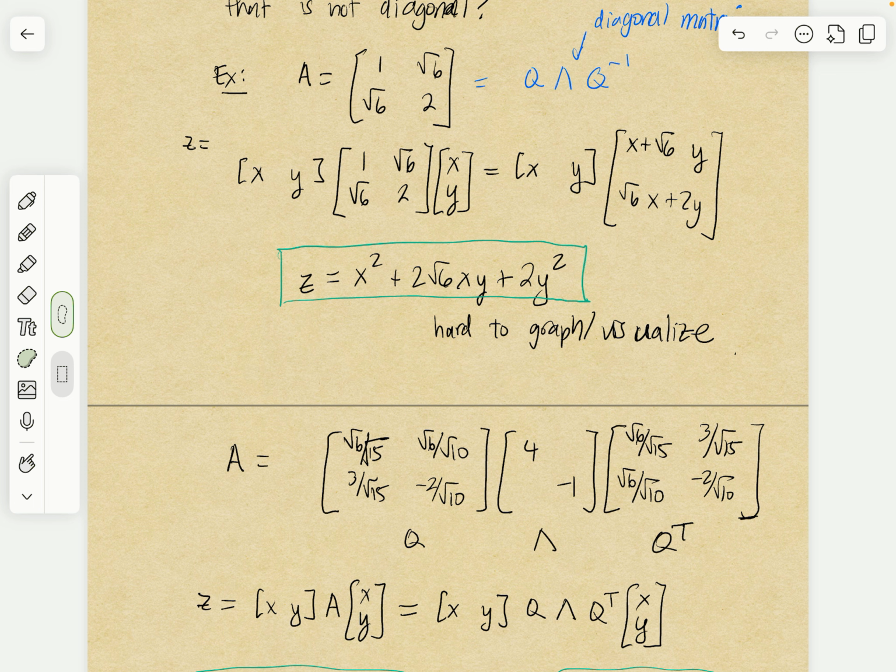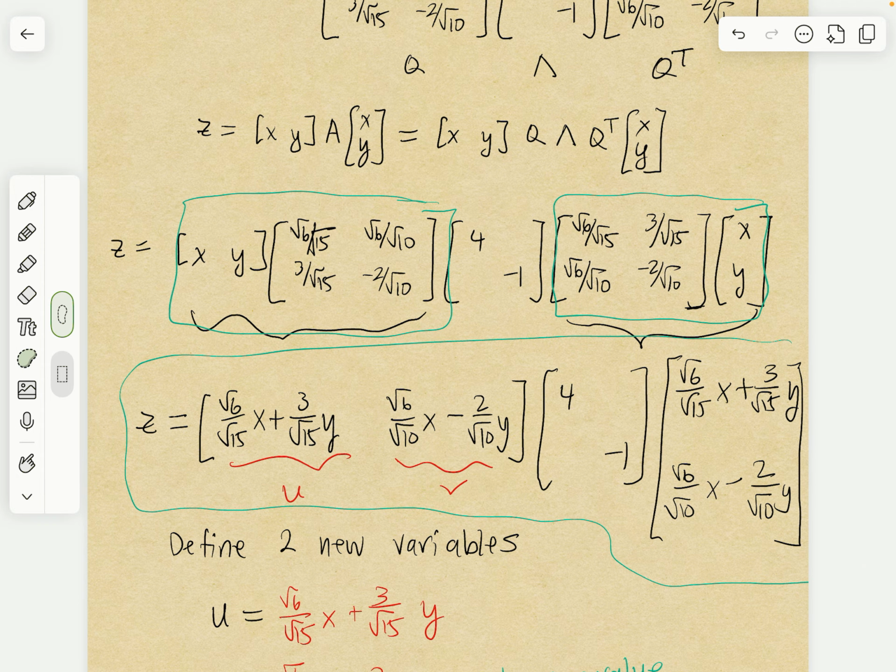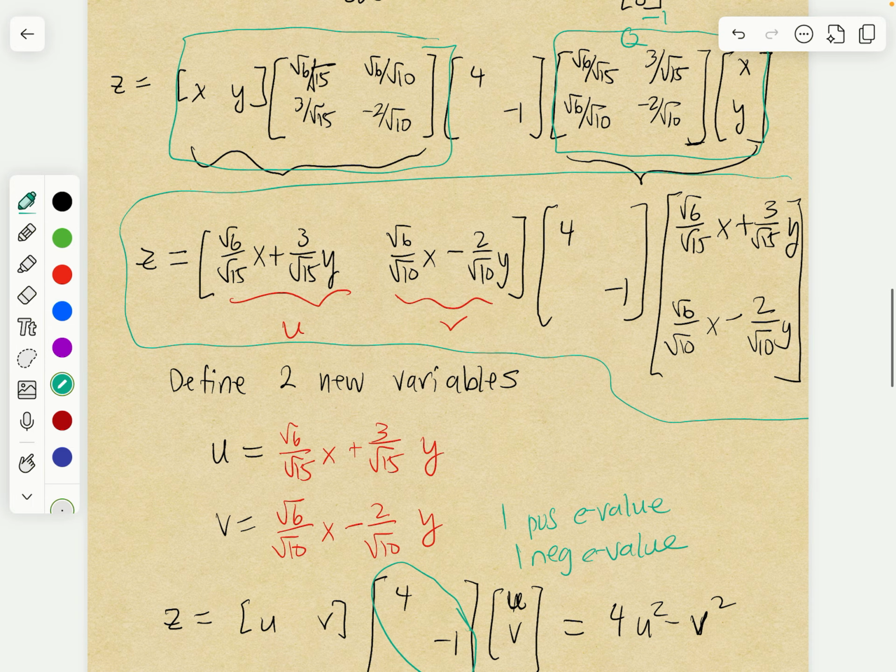We can use the diagonalization to come up with new variables u and v. You define u and v by taking the matrix Q inverse, or Q transpose, and multiplying it by the vector xy, and that gives you your new u and v.